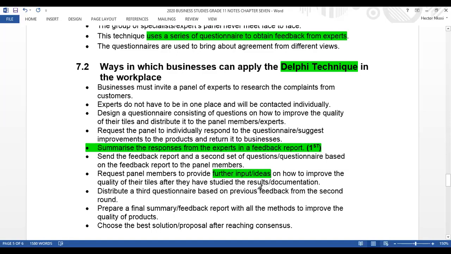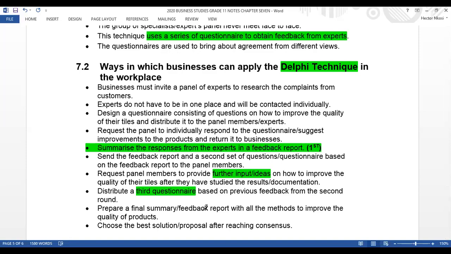Then you must distribute a third questionnaire. Can you see? You have to distribute three questionnaires based on the previous feedback from the second round. So there's a first round, a second round, and a third round. Then after, you can prepare a final summary or feedback report with all methods to improve the quality of products. So we use this Delphi technique in the workplace to improve the quality of products.